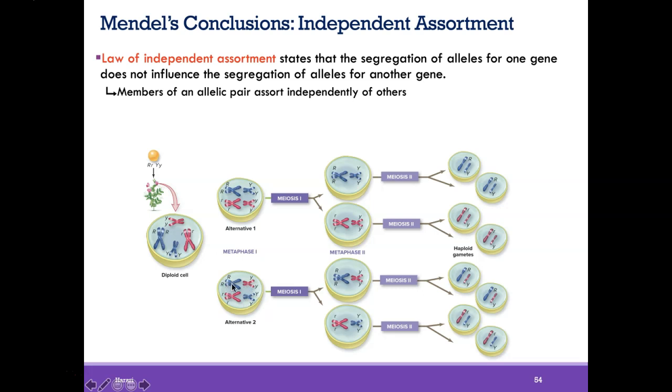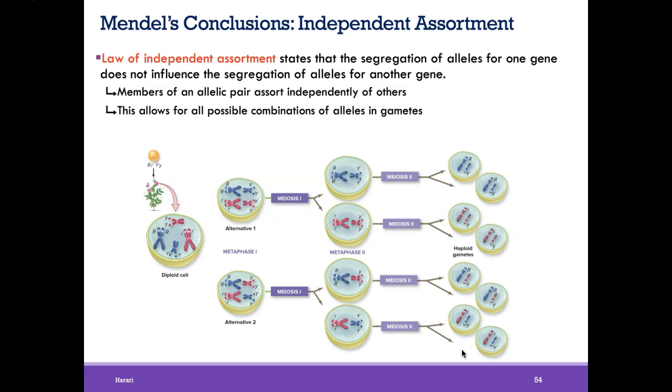So it's possible that there's big R and little y, and then little r and big Y. And that's just random, right? Random alignment on the metaphase plate. And of course, in that situation, we're going to get gametes that are combinations. We're going to have big R, little y, right? Or little r and big Y. So this is what allows all possible combinations of alleles in gametes.